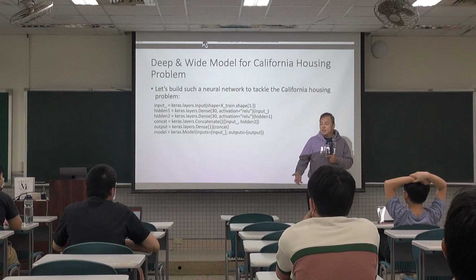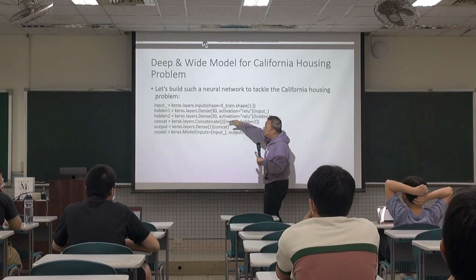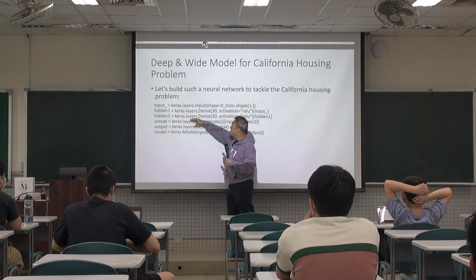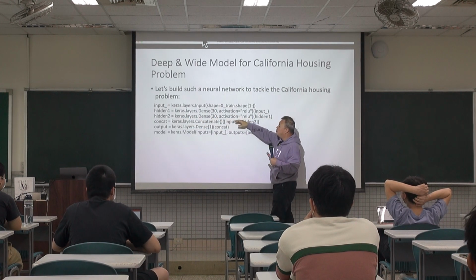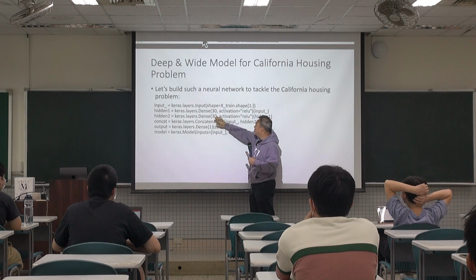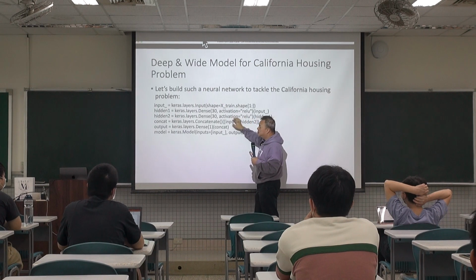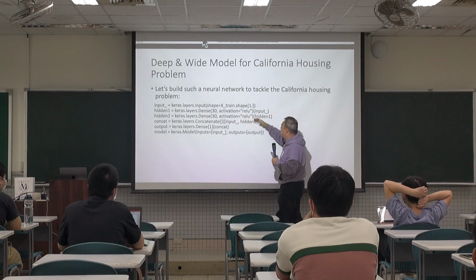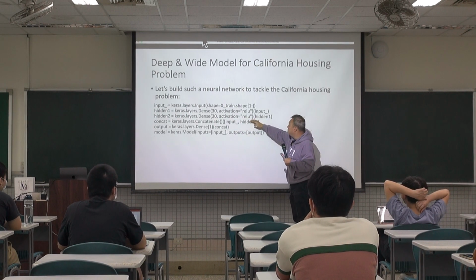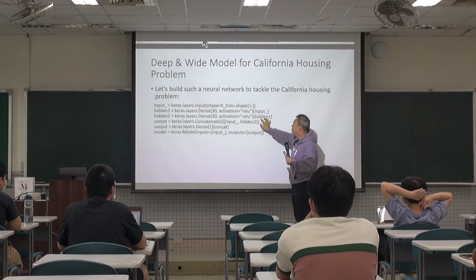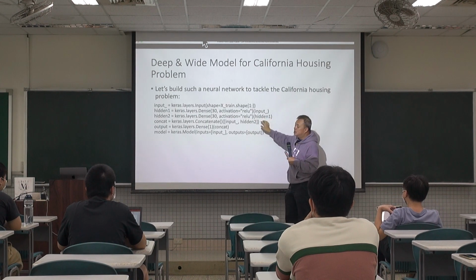Then for the hidden two, the next hidden layer, it is a similar thing. We create a layer with 30 neurons, ReLU activation, and we know the previous layer of this hidden two is hidden one, so we put hidden one as the argument here.